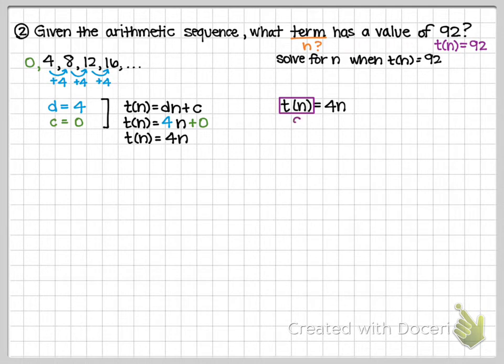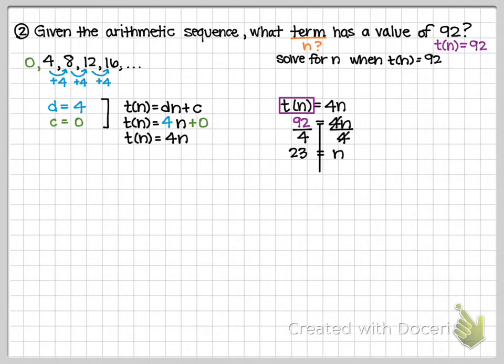So this is going to be 92, and then drop your equal sign and drop the 4n. Okay, let's solve for n. So there's our equation. I need to divide by 4 to get the n by itself. 4 divided by 4 is 1, so that's going to cancel. And then 92 divided by 4 is going to give me 23.